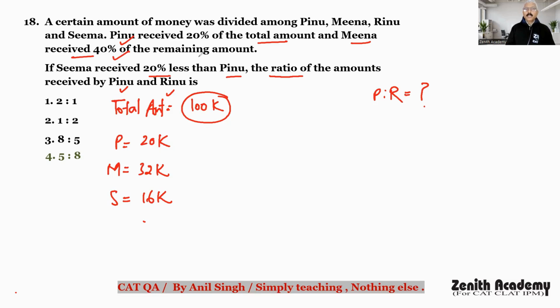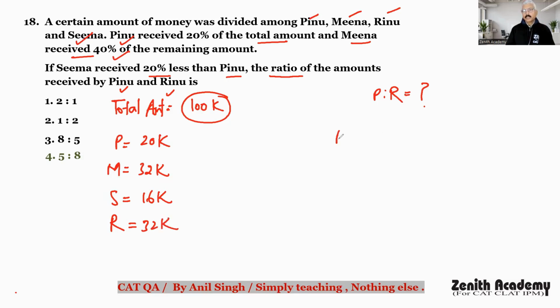Okay. And the amount was divided among Pinu, Meena, Renu, and Seema. So 20 plus 32 plus 16, it is 68. So out of 100K, 68K is distributed to P, M, and S. So the remaining amount will go to Renu. 100 minus 68 means 32K.